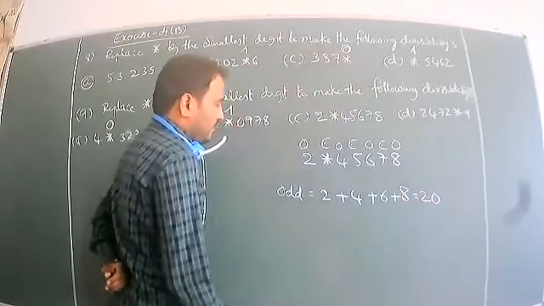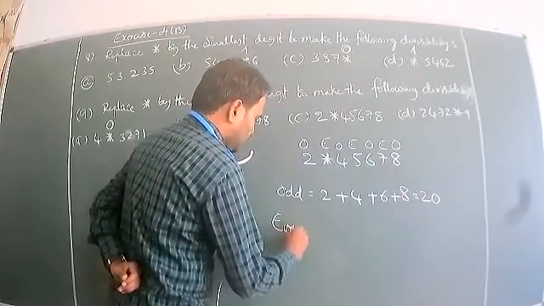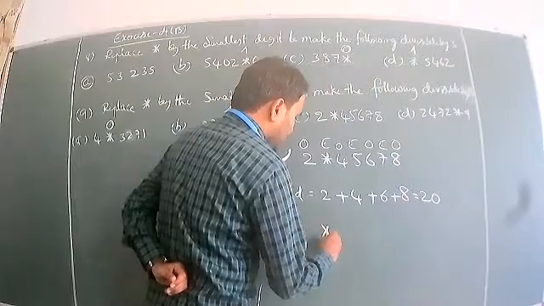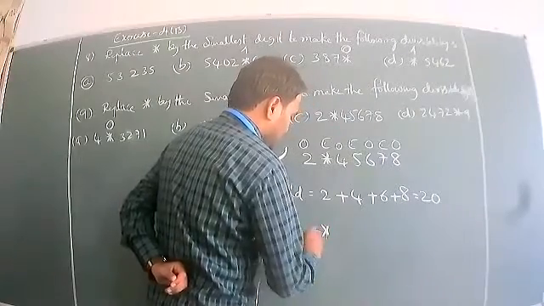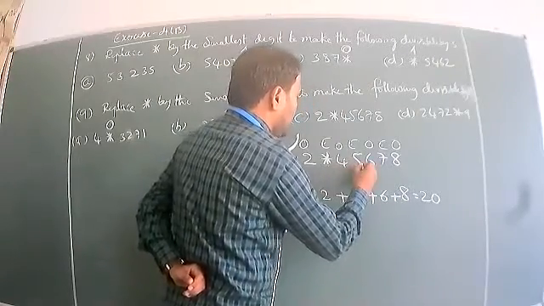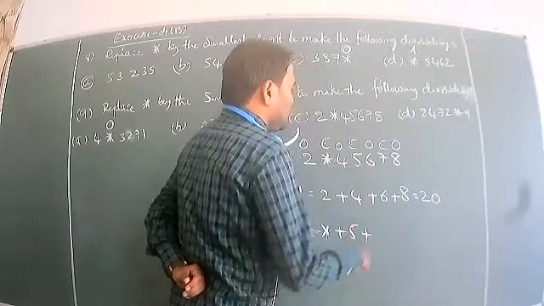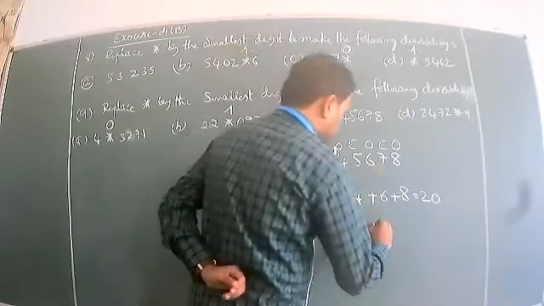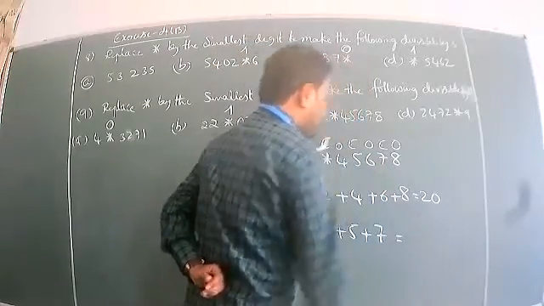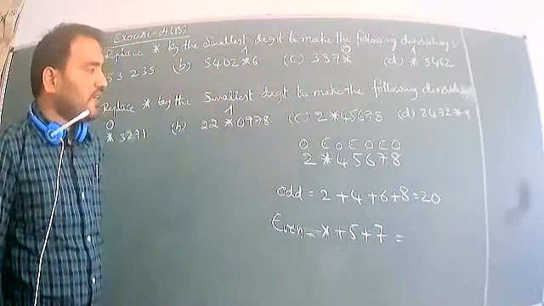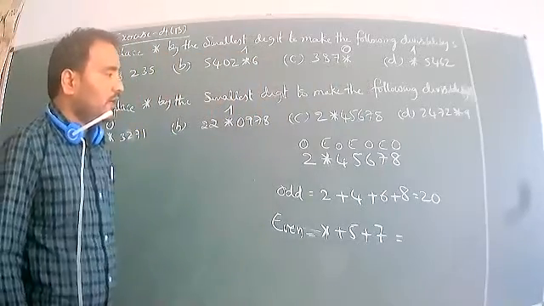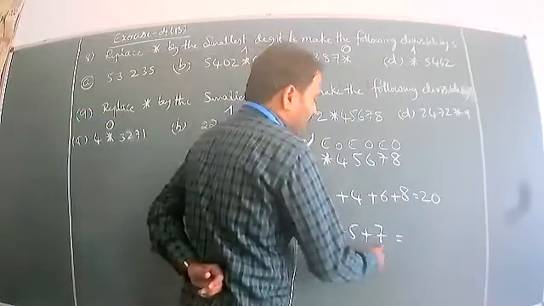Next, again the even digits: star, 5, 7. 5 plus 7 is 12.